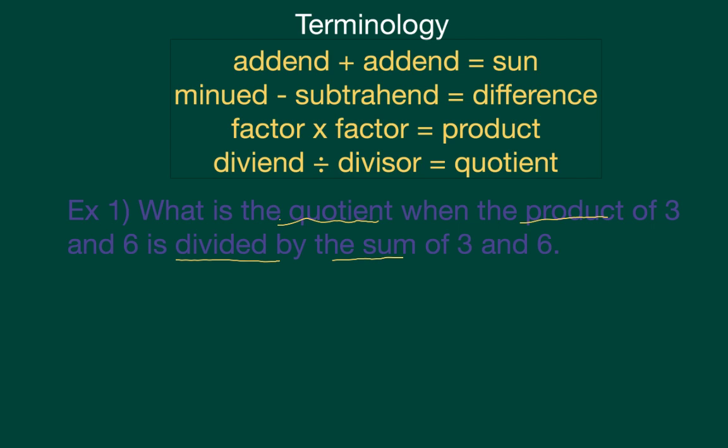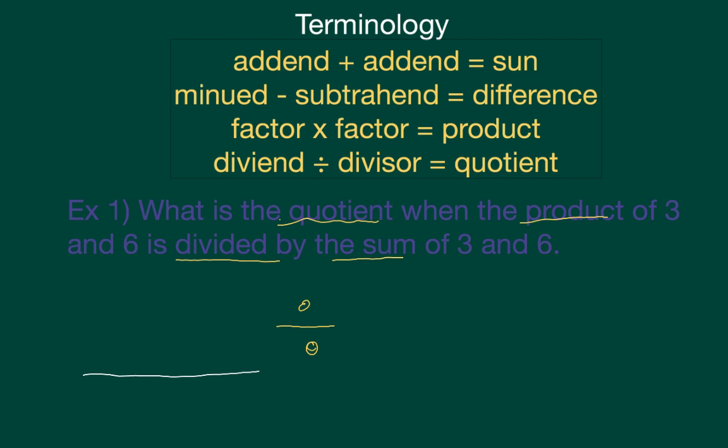Alright, now let's actually create the problem. The first word we underlined was quotient. And if you look at the terminology, you see that quotient actually is a division problem. So let's go ahead and put a division sign down here, because we know that we're going to be dividing. Now let's figure out what's going to be on the right side of the equation.